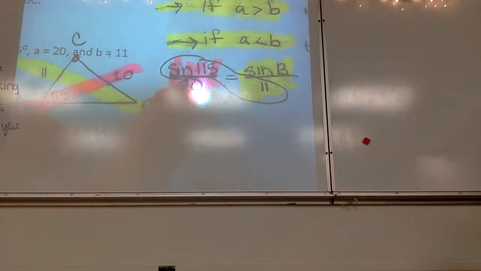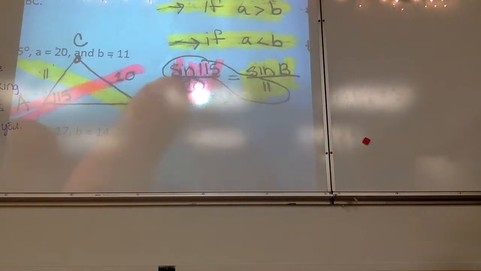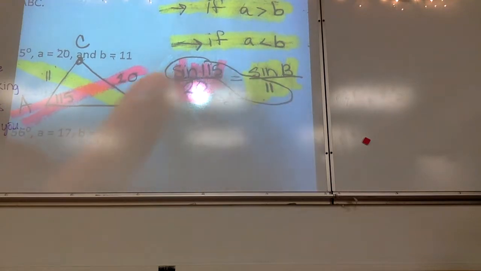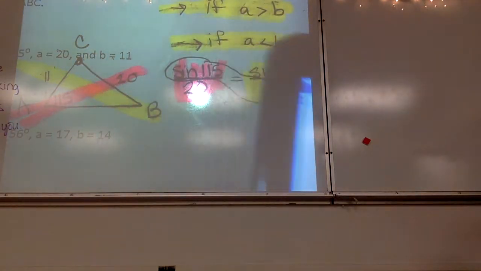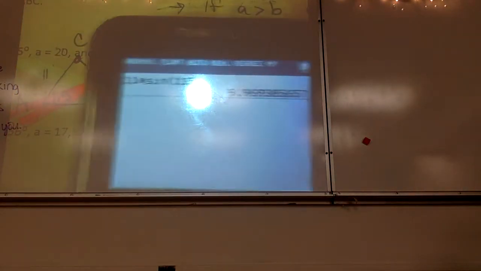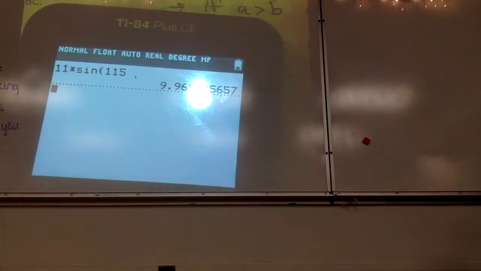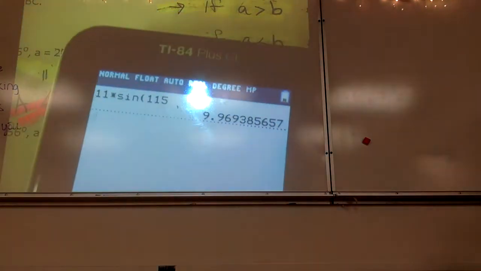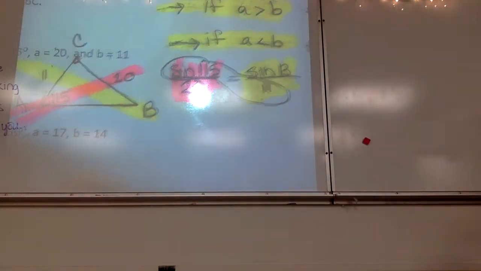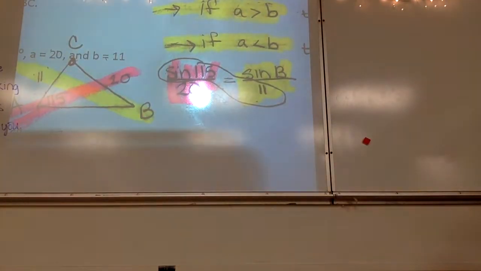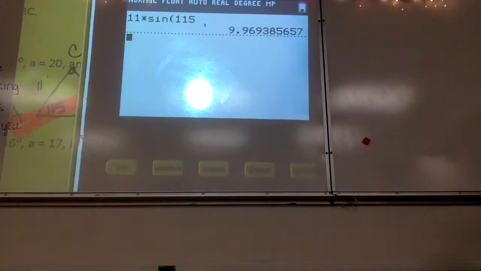No, it doesn't. The key with cross products is that you multiply where the two numbers exist. Yep. So we multiply this way. So sine of 115 times 11. Something like that, hopefully. Why are my batteries that dead? That's ridiculous. All right, moving on. What do we divide by then? 20. So we divide by 20.